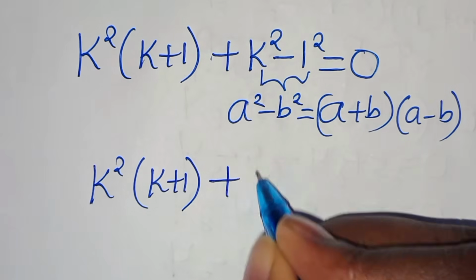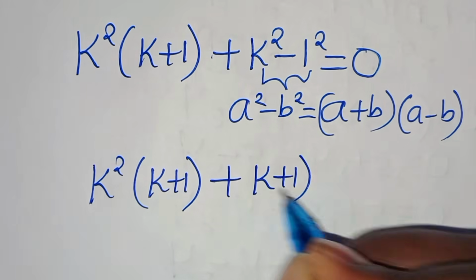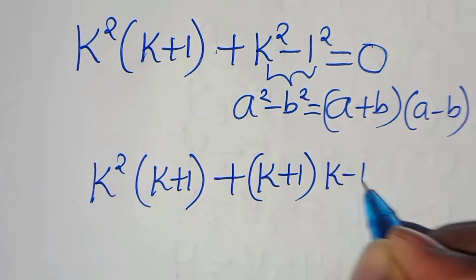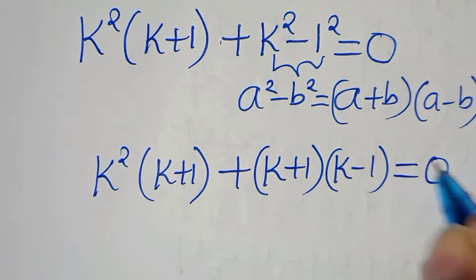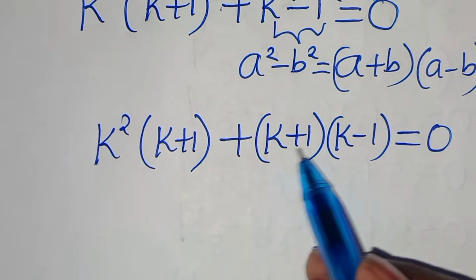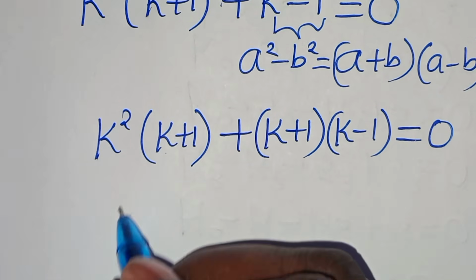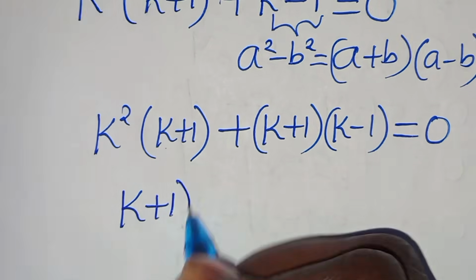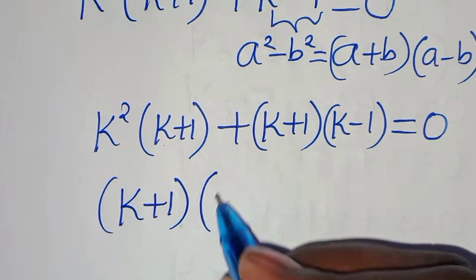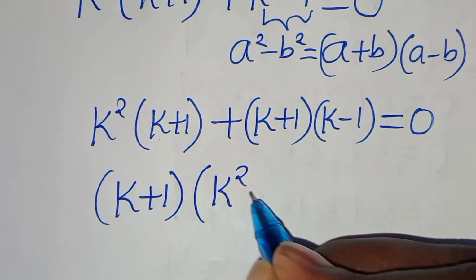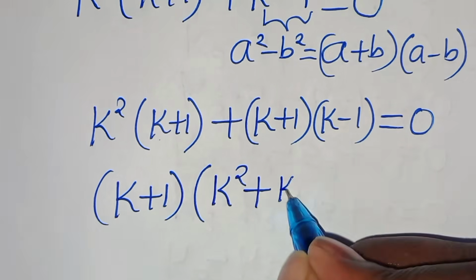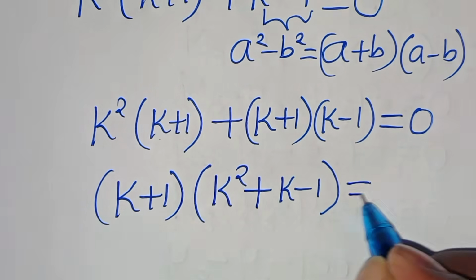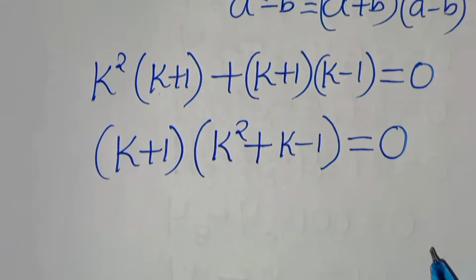Then plus, here we have k plus 1 multiplied by k minus 1. This is equal to 0. Now, k plus 1 is common here, so we can factor out k plus 1 into the parentheses. This is k to the power of 2, then plus k minus 1, close the parentheses. This is equal to 0.